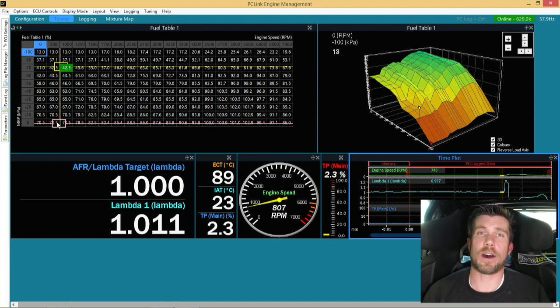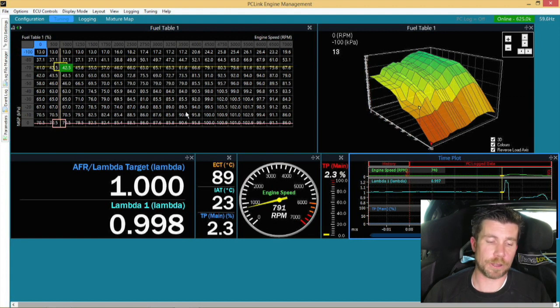You simply can't hold the engine at 800 RPM and wide open throttle and do a really good job of tuning all of those areas down at 500, 800 RPM. So what we should have done there, if we've done our job correctly, is followed the general trend or shape of the fuel table down through these areas that we can't really access and tune. But even having done that, it doesn't say that we're necessarily correct.